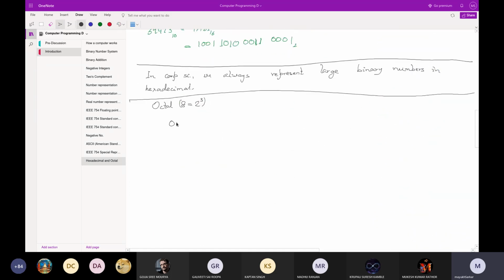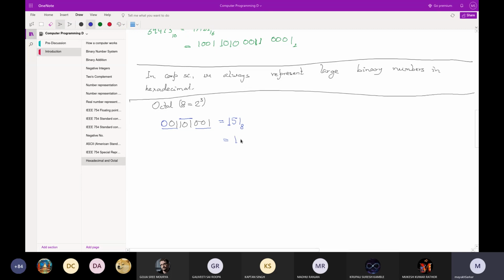Now I'm going to take 3 bits from the last: 001, 101, and there are 2 bits left only, so I'll prefix a 0, so 001. And in octal this will be 001 is 1, 101 is 5, and 001 is 1 again.